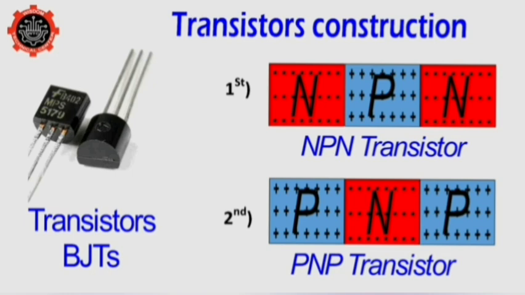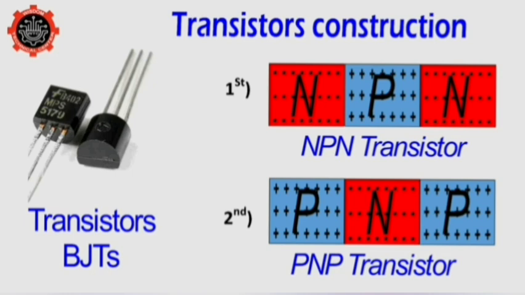Now, the first one is an NPN transistor because we have the N material, the P material in the middle, and an N material. The second is a PNP transistor because we have the P material, and now in the middle is an N-type material and a P material.